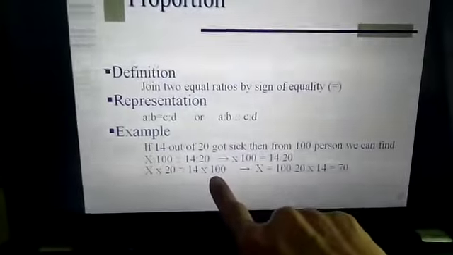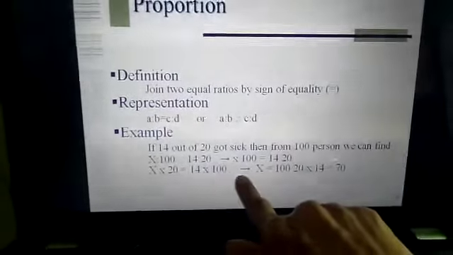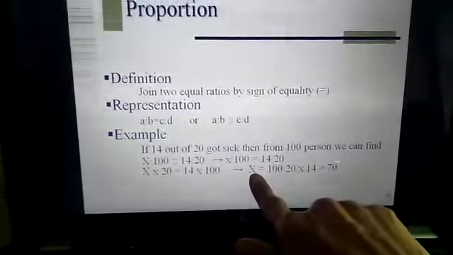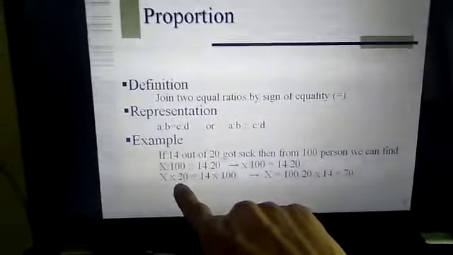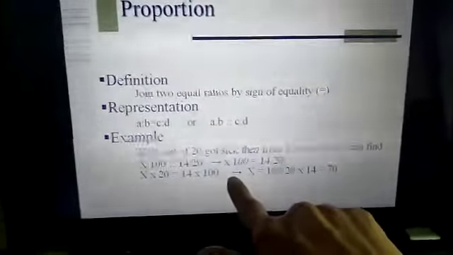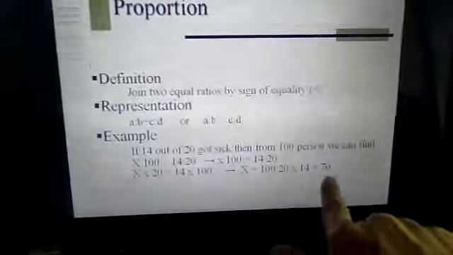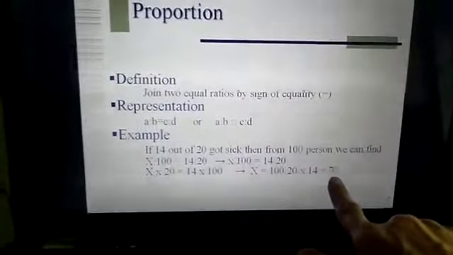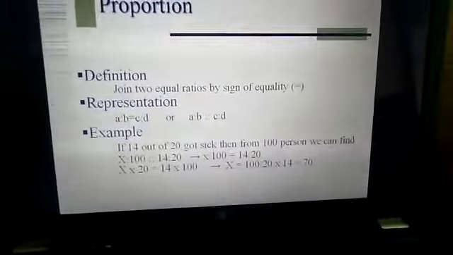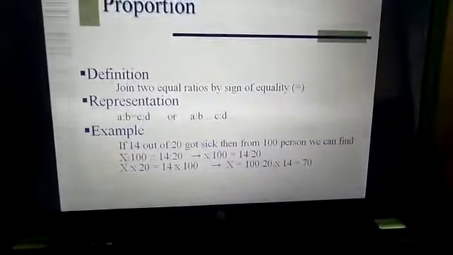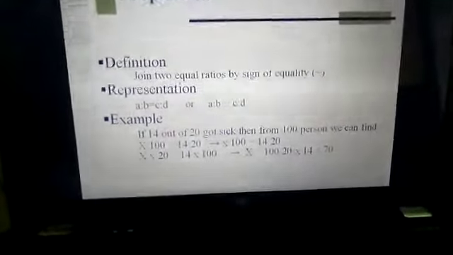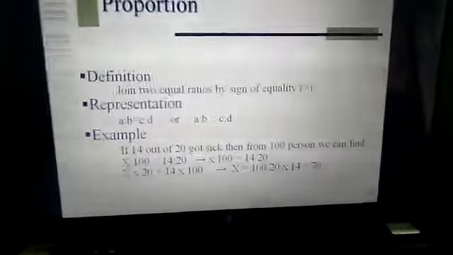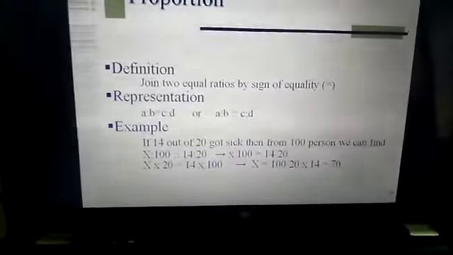After cross multiplication we have to find the value of x, so we bring 20 to the other side of the equation and we find the value of 70. Now what is the 70? It means that 70 out of 100 sparrows would get malaria.